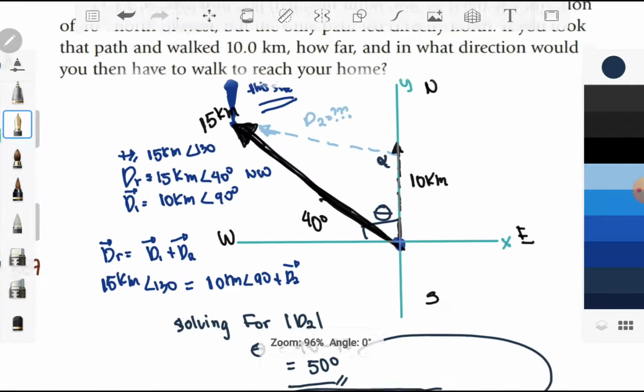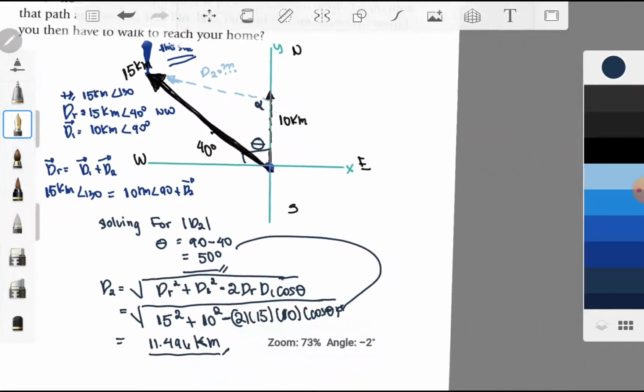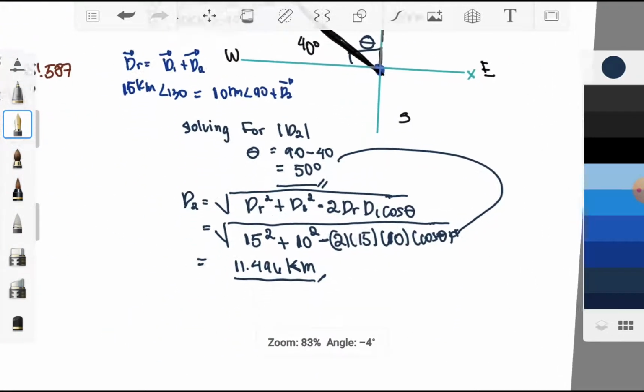Okay, so your alpha can be solved using the sine law, solving for alpha.